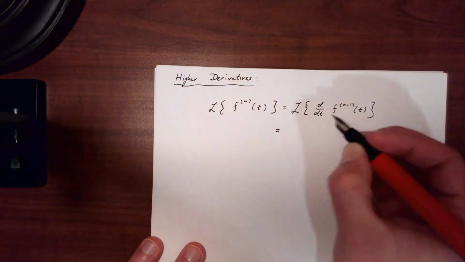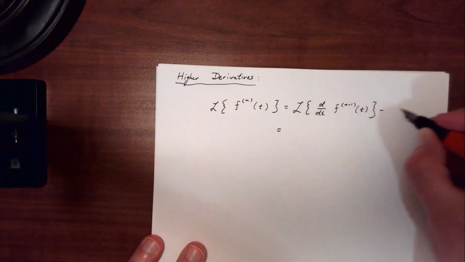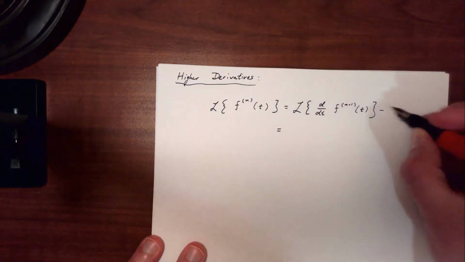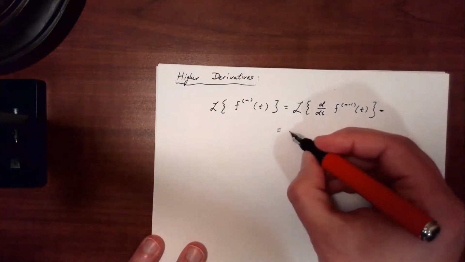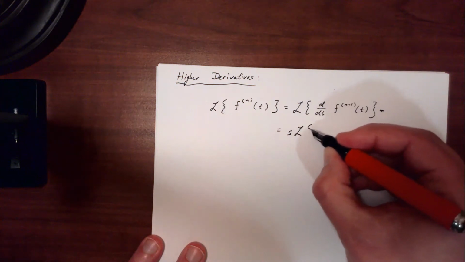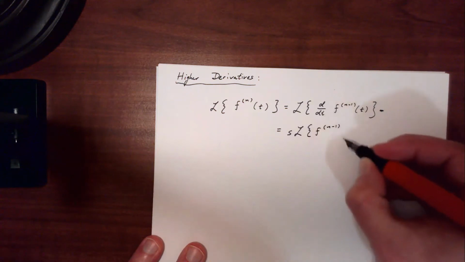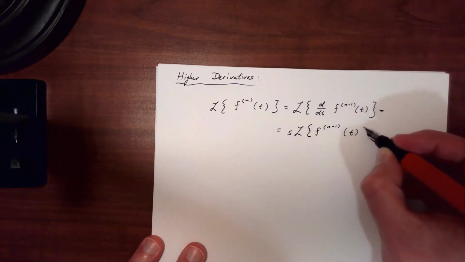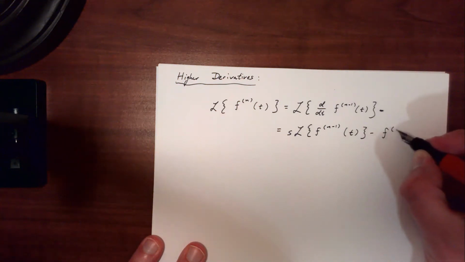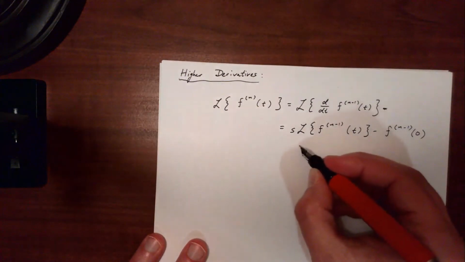According to our little formula here, this by what we just found is going to equal s times the Laplace transform of f^(n-1) of t, minus f^(n-1) at 0, and then just repeat.